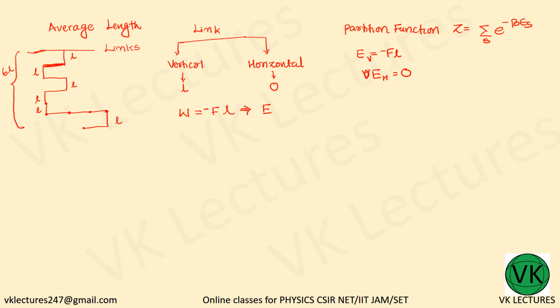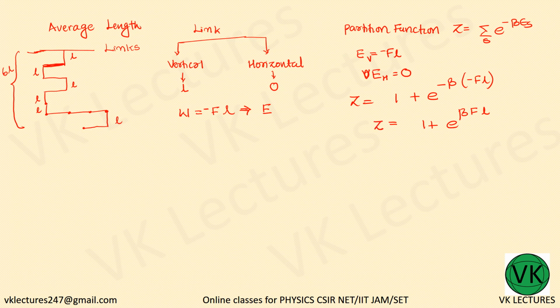So Z is equal to, first we start with 0: e to the power 0 is 1, plus e to the power minus beta into Es, where Es is minus FL. So together we have 1 plus e to the power beta FL. So this is the partition function Z.